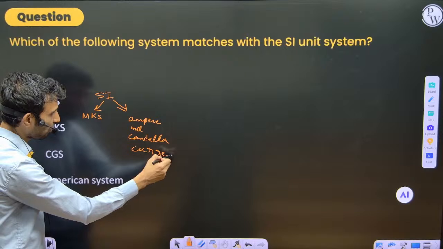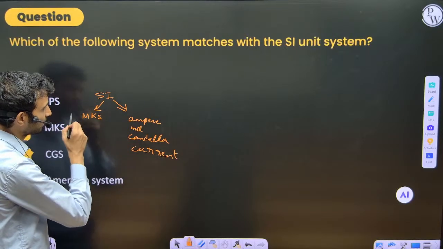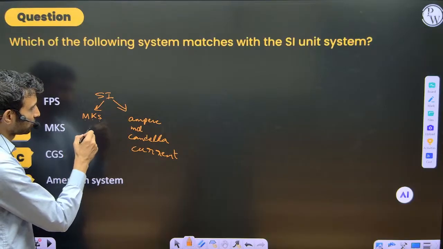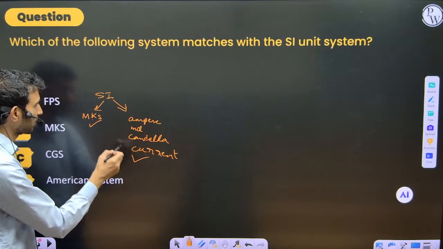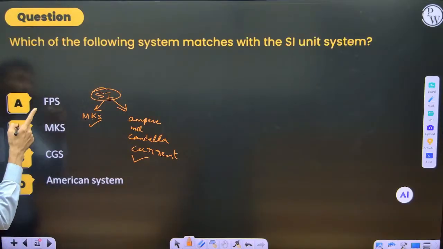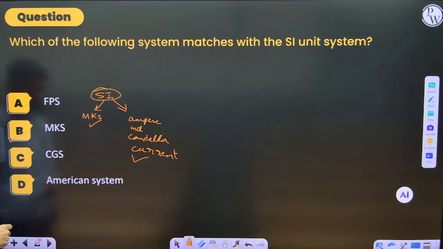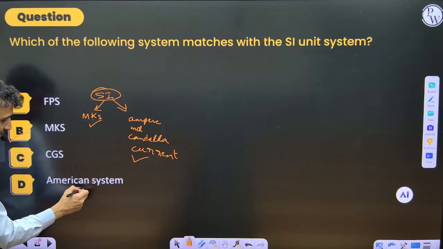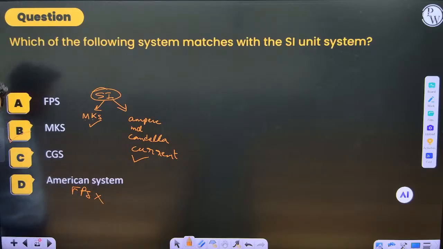So these all seven guys. MKS has got three, right? Meter, kilogram, second. So this and these guys combined together make SI system. So what will be the answer for SI system? MKS is similar to SI system. American system is your FPS, right? Which we don't use. Take this one.